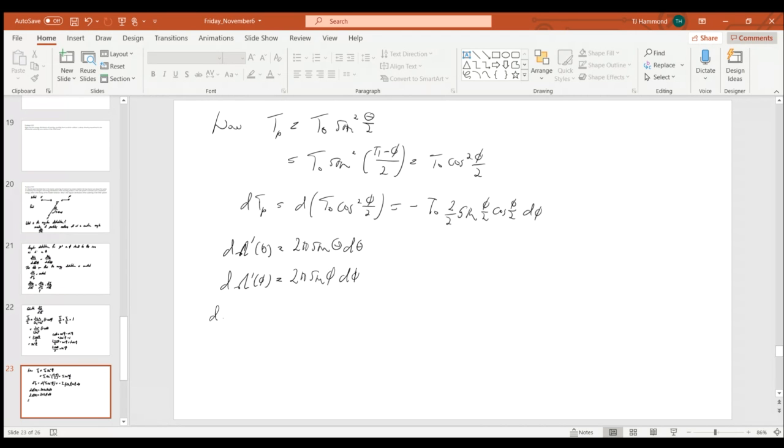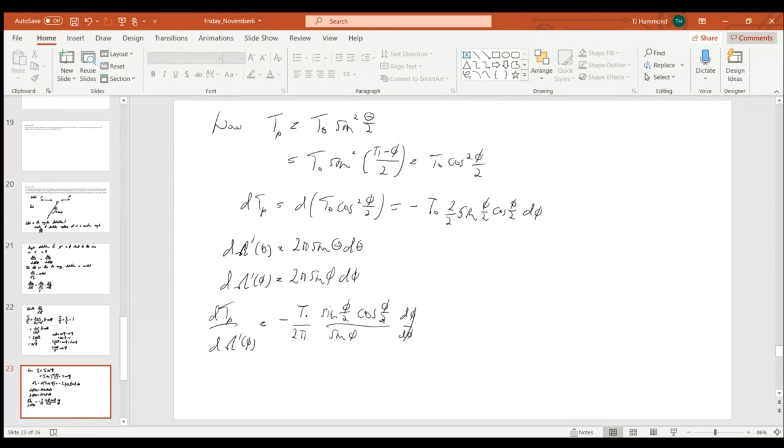So then dT_p, the change in the kinetic energy of the proton, by d omega prime in phi is negative T naught divided by 2 pi, sine phi by 2 cos phi by 2 over sine phi. And we get d phi by d phi, so those are just going to be 1.